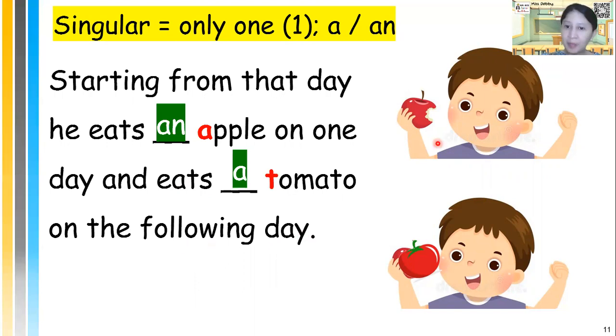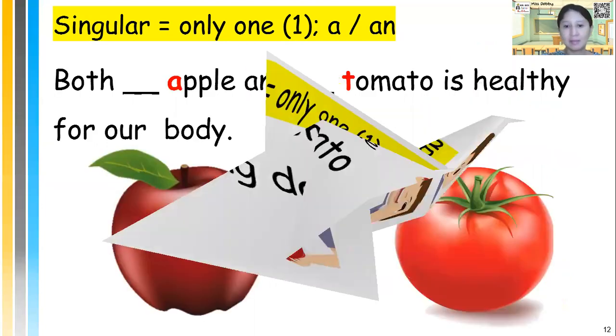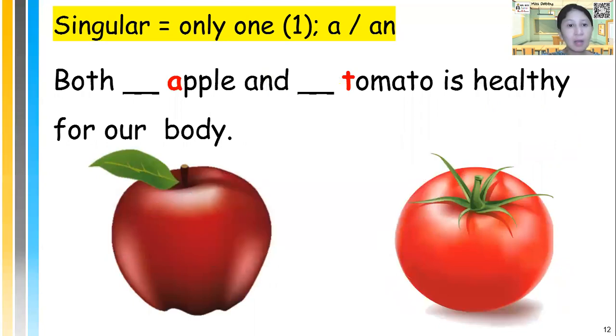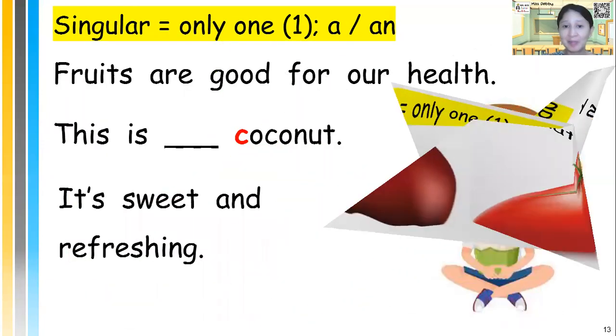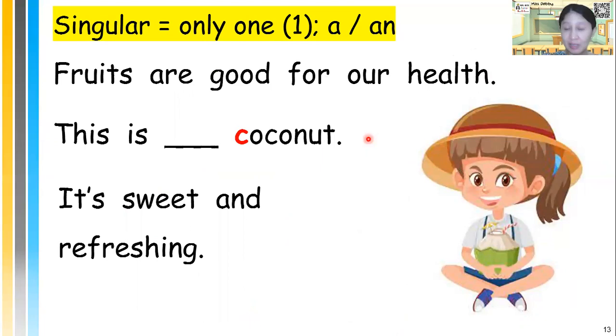So one apple and then one tomato. Then next. Both. What is this? Good job. An apple and a tomato is healthy for our body. Do you like to eat tomato and apples?